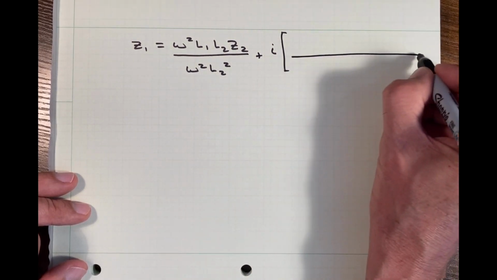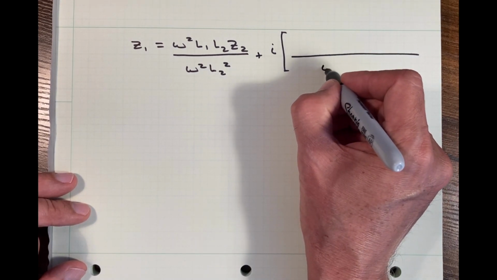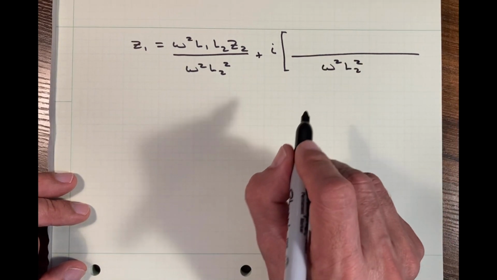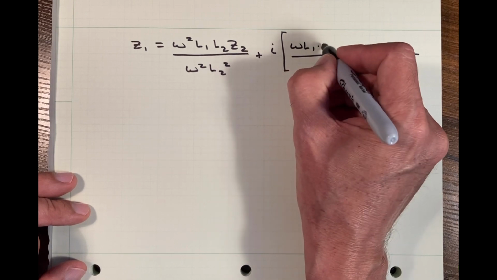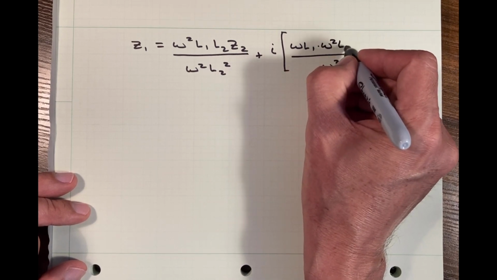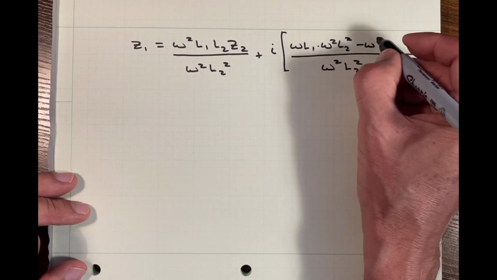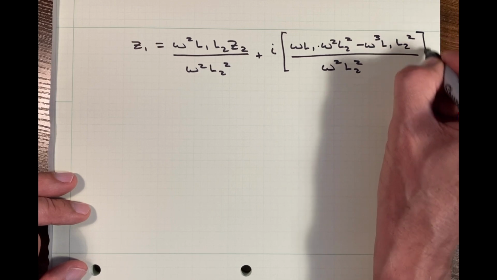And the numerator is going to be complicated, but the denominator is going to be relatively straightforward. Again, omega squared L2 squared predominates, so we leave that one alone there. Omega L1 now multiplies omega squared L2 squared. And this one here is minus omega cubed L1 L2 squared as before.